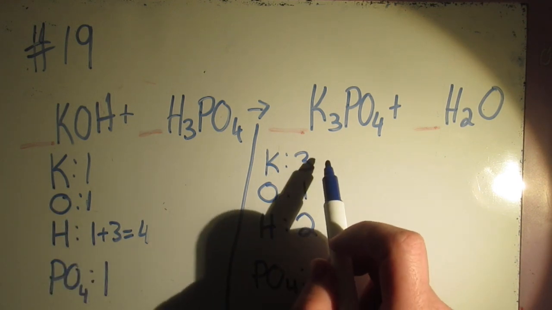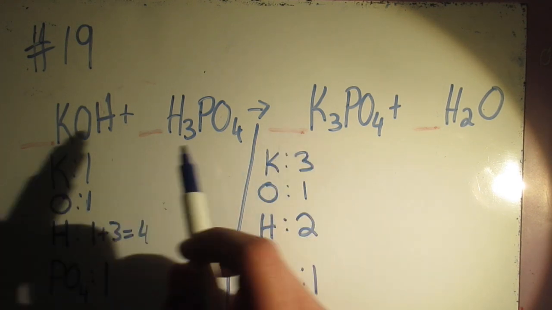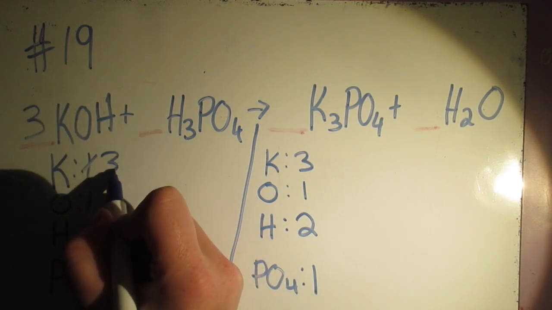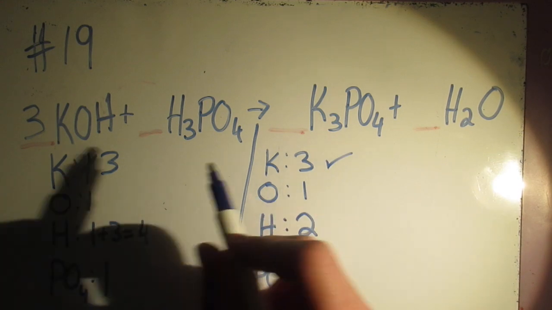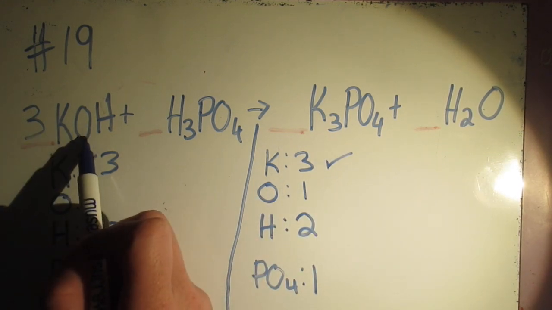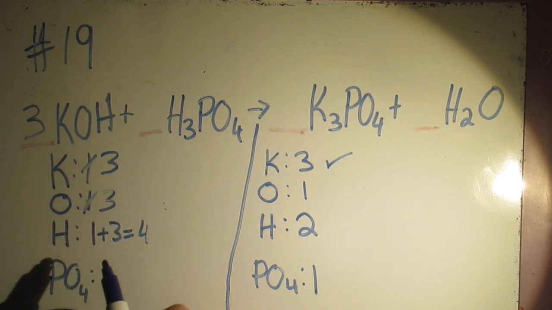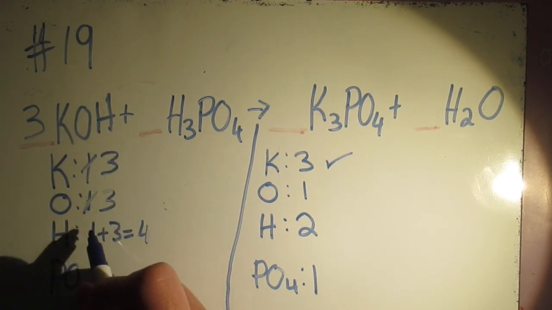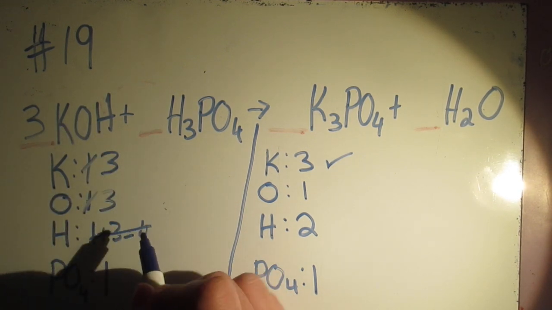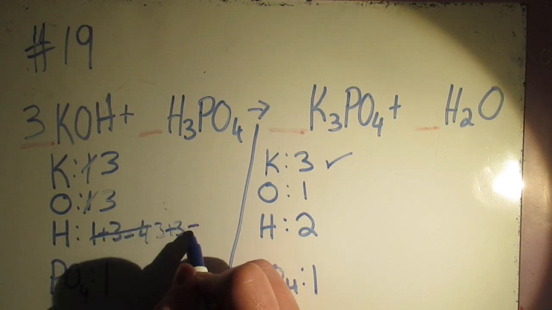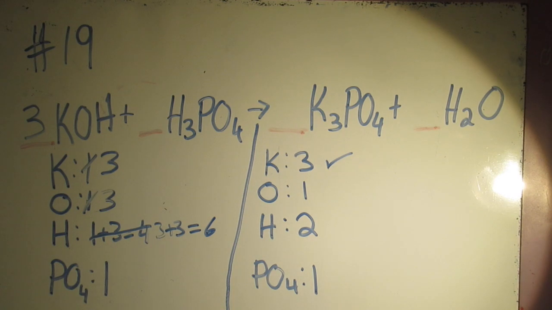So we'll start with the top here. We've got 3 potassium over here and 1 over here, so let's put a 3 here to make that 3. So that is good. And then remember we've now multiplied the O and the H. So I've got 3 oxygen and I've got 3 plus 3 equals 6.